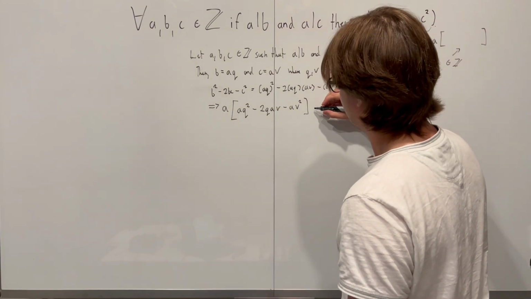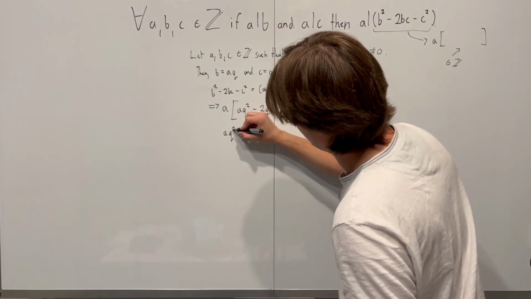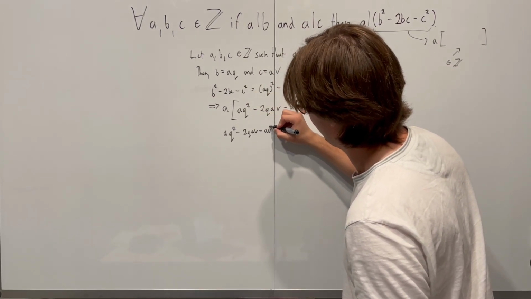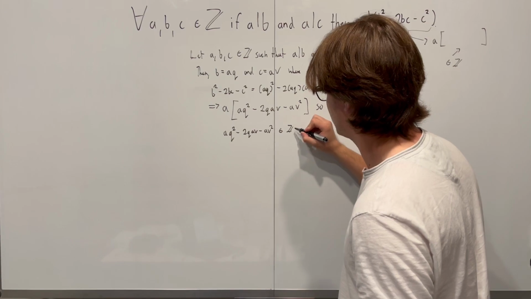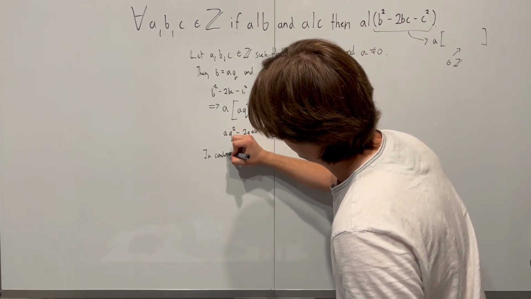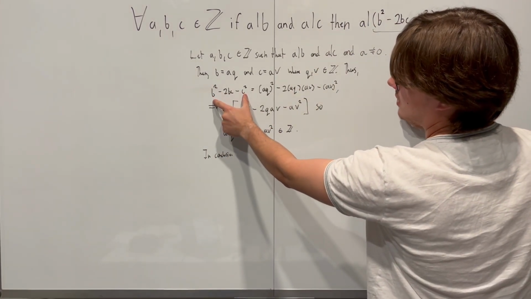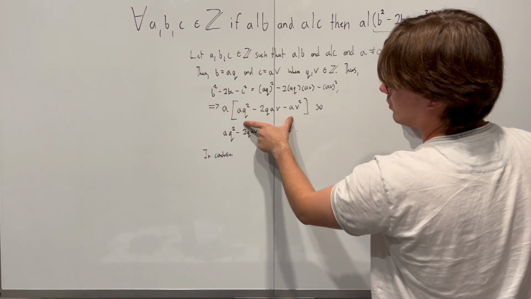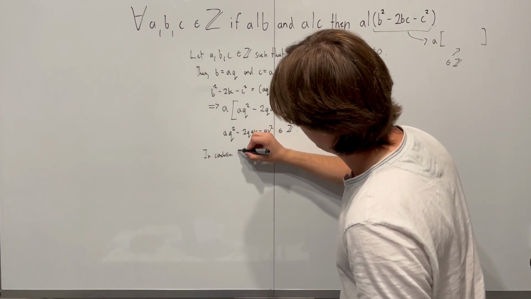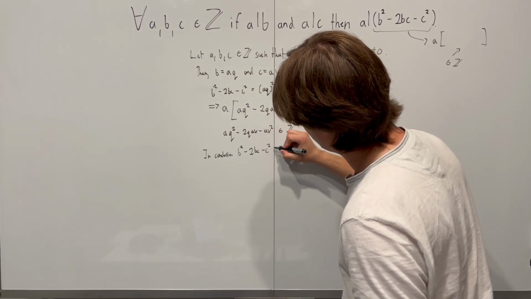Anyways, we can just acknowledge to the reader that aq squared minus 2qav minus av squared is going to be an integer. Then we say, in conclusion, because we've shown that b squared minus 2bc minus c squared can be written as a multiple of a, we say, in conclusion, b squared minus 2bc minus c squared is a multiple of a.